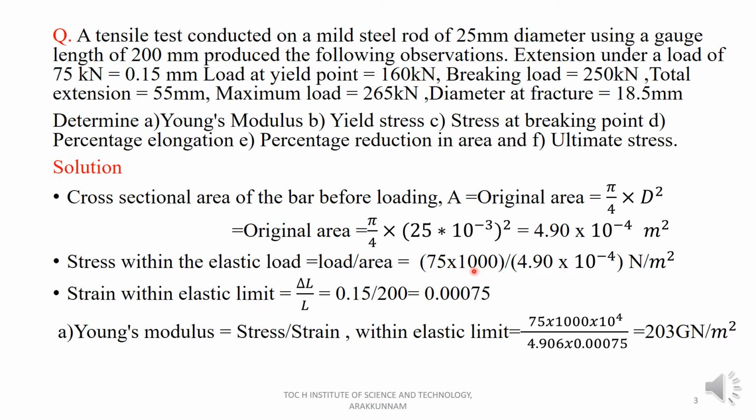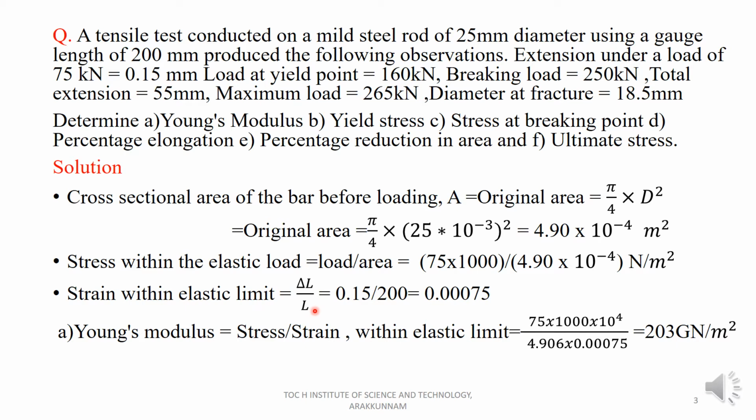So load is equal to 75 kilonewton, that's equal to 75 into 1000 Newton, divided by the original cross sectional area. It is given that the rod is of 25 mm dia. So the original area is equal to pi by 4 d square, where d is 25 mm. So you will get the area as 4.90 into 10 raised to minus 4 meter square.